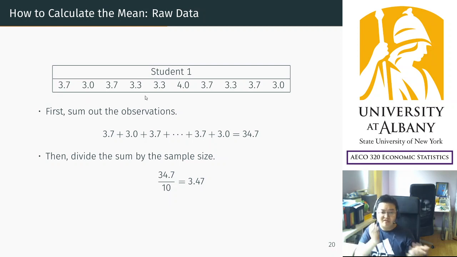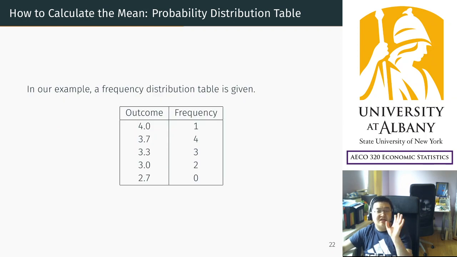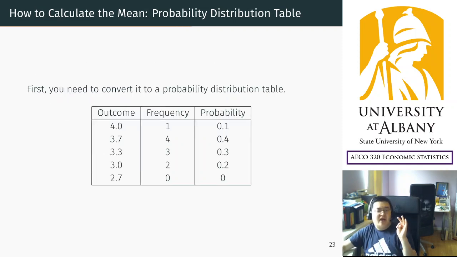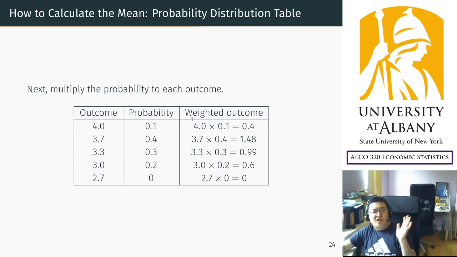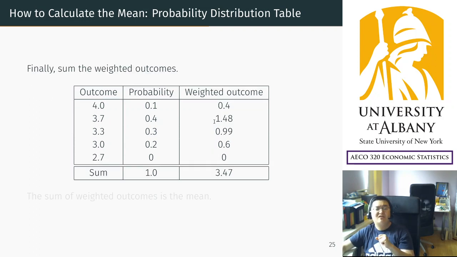Both are the same data, we just have different starting points. In the first method, we do not make a frequency distribution table or probability distribution table. We directly use the raw data and get the average. But in the second method, we first calculate the frequency, then the probability, then compute the probability weighted outcomes, and finally sum them.